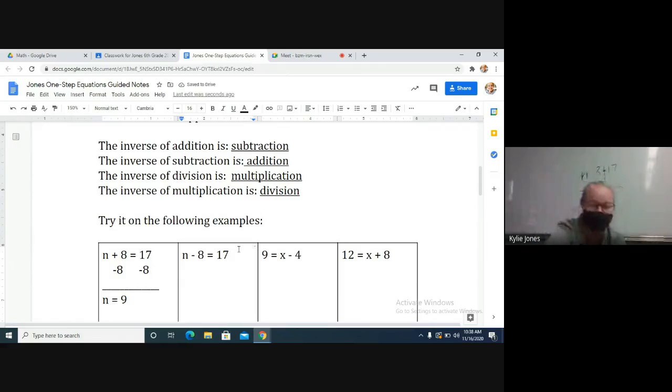What is the opposite of subtracting 8? Adding 8. So this would be, not an equals. We would need to add 8 on both sides to get rid of our subtracting 8. So in order to get rid of that minus 8, we need to add 8 to both sides.